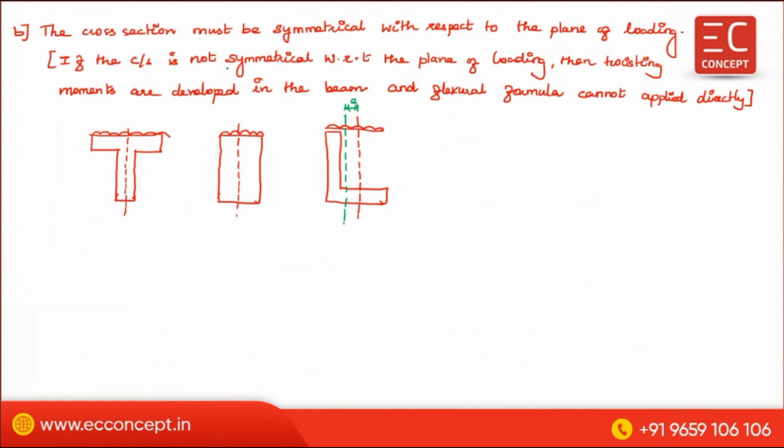Okay, so that's the point. For the L section, which is not symmetrical about the plane of loading, a twisting moment will be developed in the beam, and the flexural formula cannot be applied directly. For these two cases fine, but this case is subjected to twisting moment, so we couldn't use the flexural formula.